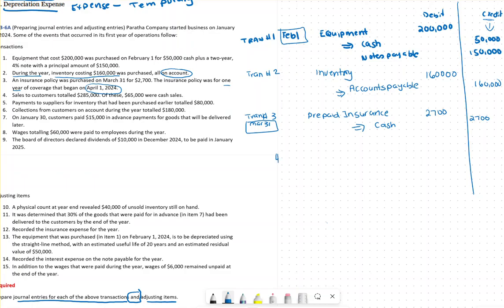My number 4, sales to the customers totaled 285. 65 was cash sales. So we have cash sales, and some are credit sales, so accounts receivable. In this case, 65,000 is cash, and my total sales are 285, and that is my sales revenue, and it's indented.